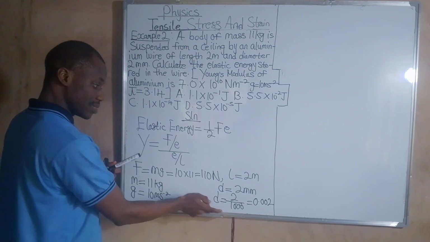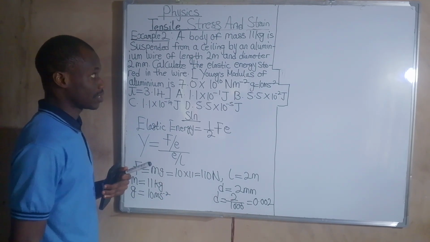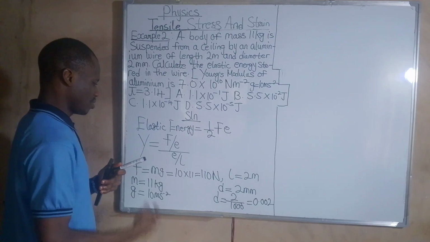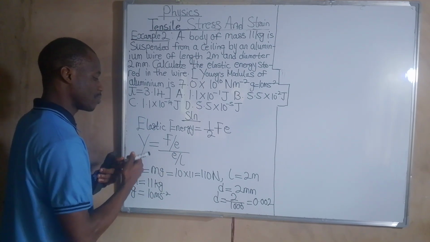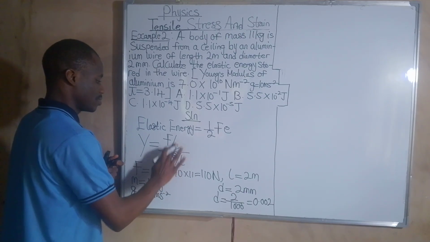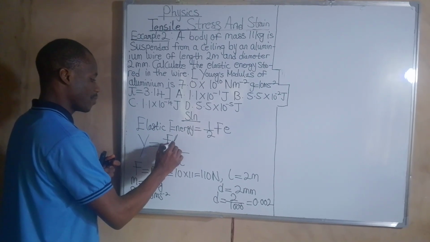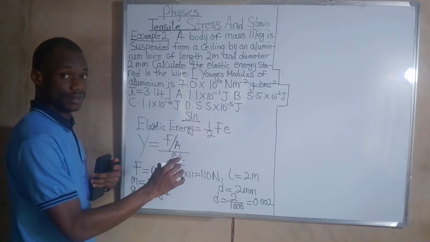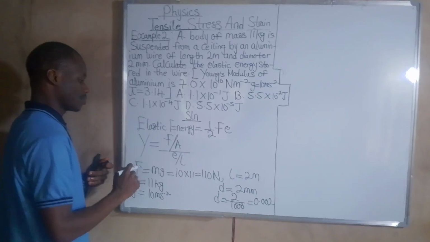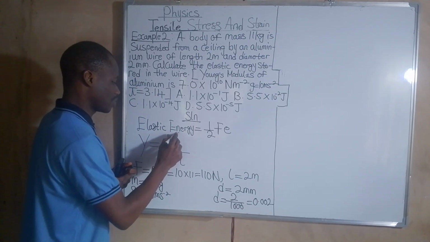Now from this, we are going to use this for cross-sectional area. That reminds me, this is not supposed to be E, but A. So this should be F over A over EL. So that's the correction. Please take note of that.